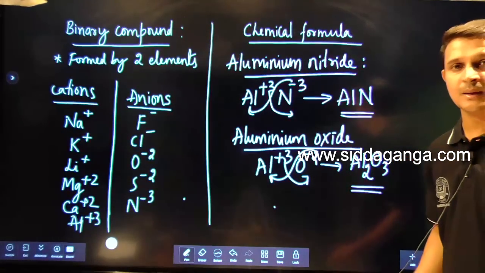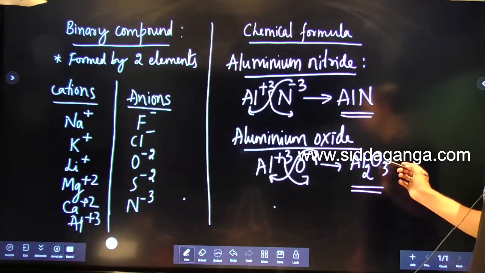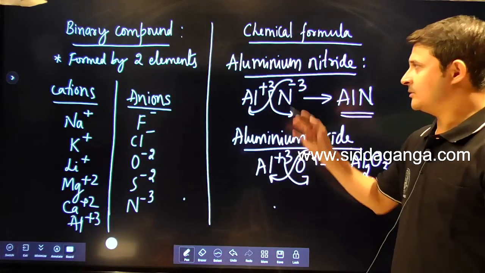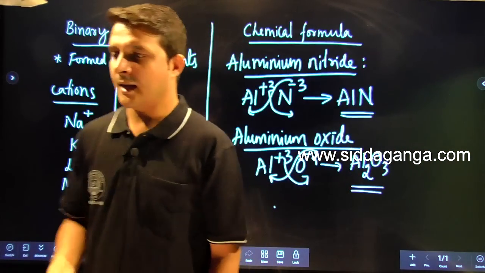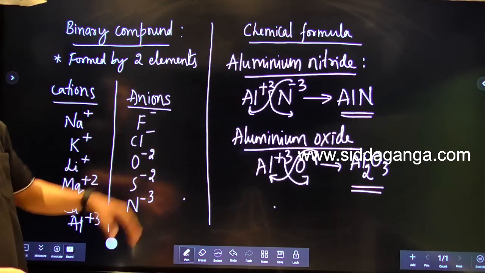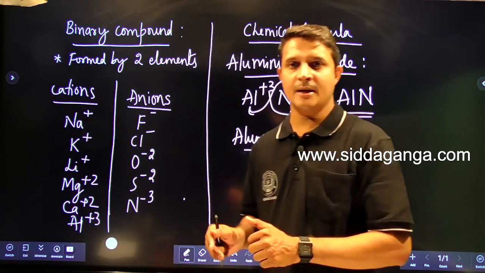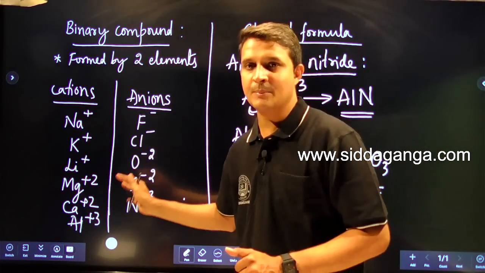The chemical formula of aluminium oxide is Al2O3. So we have taken up many examples of writing a chemical formula. Hope you got a few ideas regarding how to write a simple chemical formula.